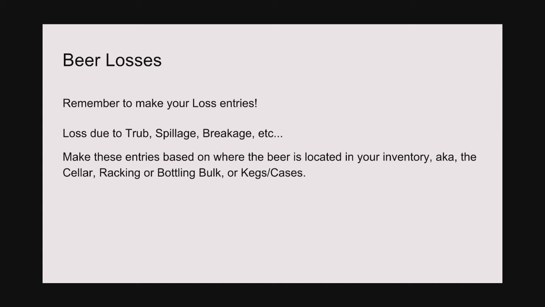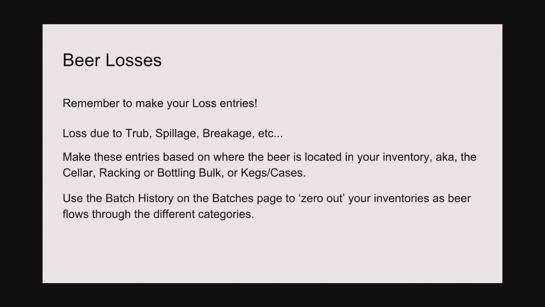Spillage during kegging or bottling would be entered as loss from racking bulk or bottling bulk. Use the batch history shown on the batches page. It is very useful for seeing what inventory remains and how much loss should be entered in TTB Tamer in order to zero out your inventory.